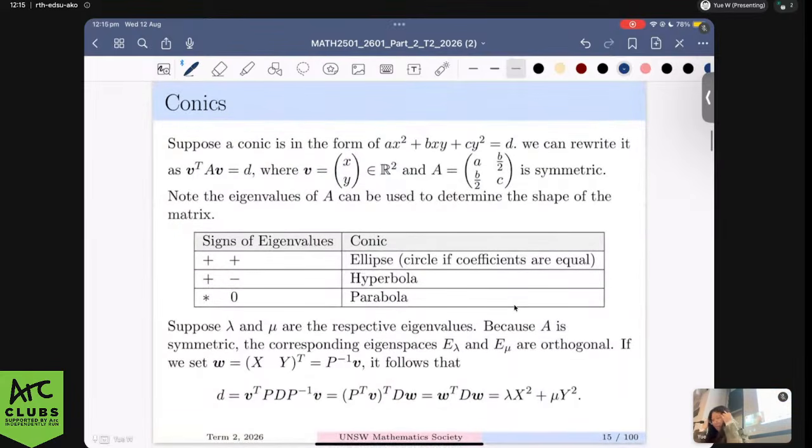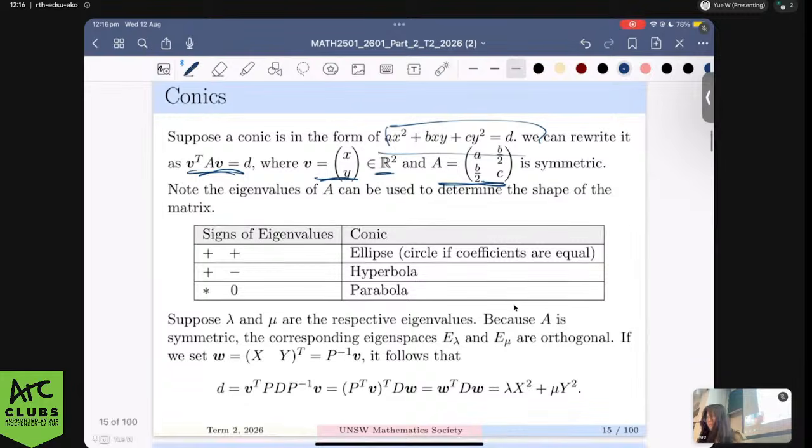Now moving on to the more important stuff. So if we suppose a conic is in the form of some quadratic equation, we can rewrite it in the form phi transpose A phi equal to some scalar value d, right? Where phi is just (x, y), which is an element of a two-dimensional space, and A is in this form here, which is a symmetric matrix.